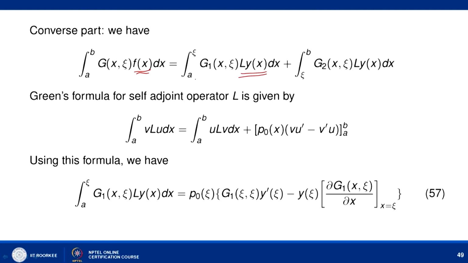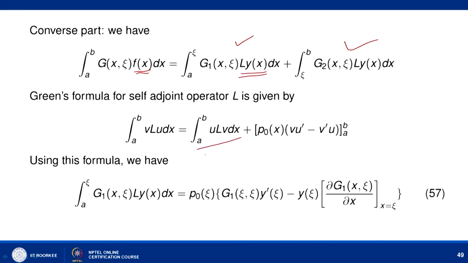So now truncate this into two parts: a to xi g1 xi Ly x dx plus xi to b g2 xi Ly x dx. Now we already know that Green's formula for a self adjoint operator is the integral from a to b of v Lu dx equal to the integral from a to b of u Lv dx plus p naught x (v u dash minus v dash u) from A to B. So here using this formula we have a to xi g1 x xi Ly x dx.